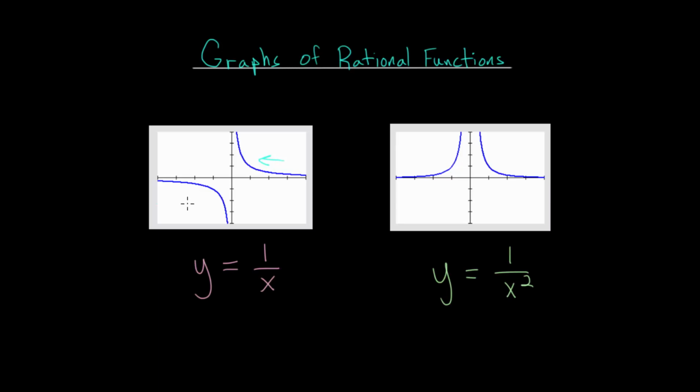And likewise, on the left-hand side, when you approach 0 from the left, the y values start to approach negative infinity. It's very similar to the logic we used when approaching 0 from the right side. The only difference is that you're plugging in negative numbers.